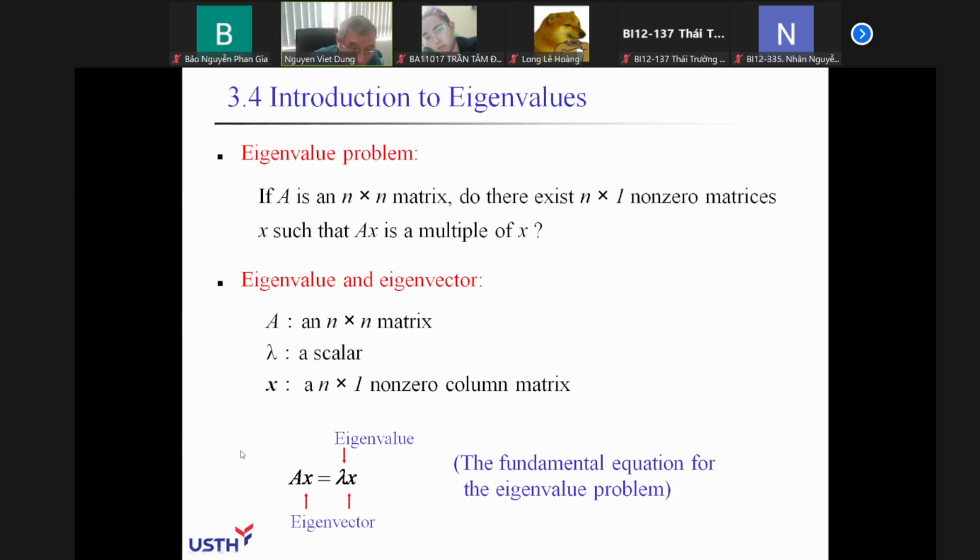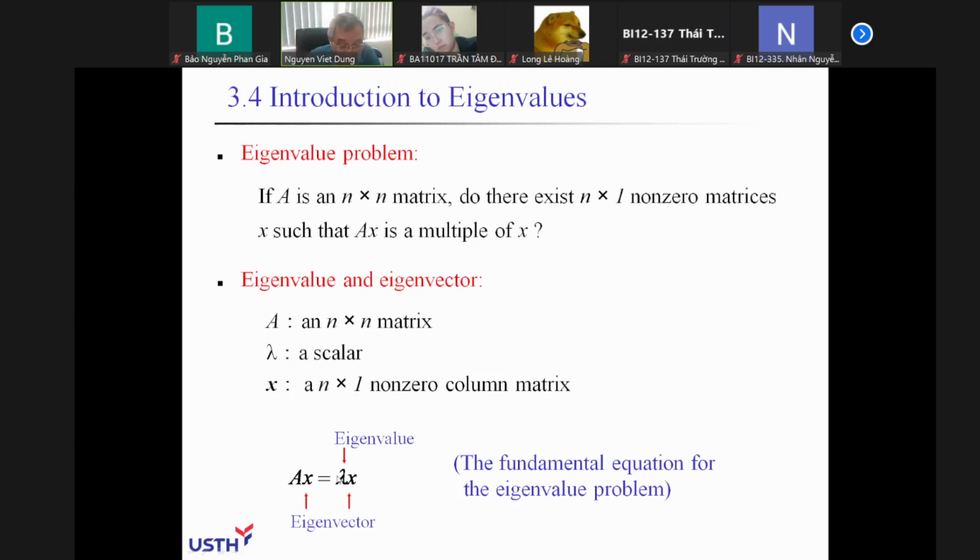Then, if we can find it, the number lambda is called an eigenvalue of A, and the non-zero column matrix X is called an eigenvector of A corresponding to the eigenvalue lambda.